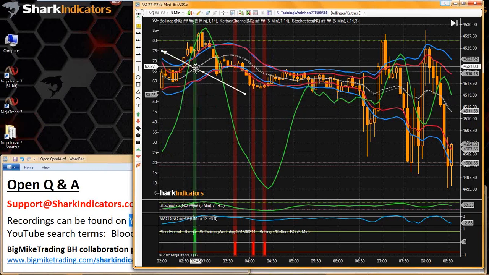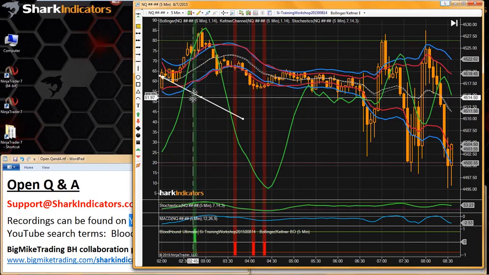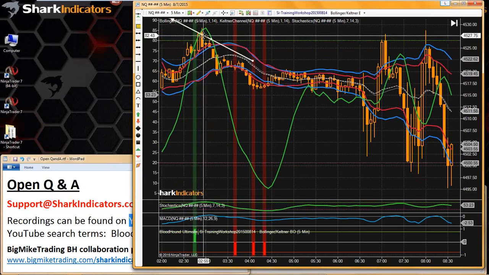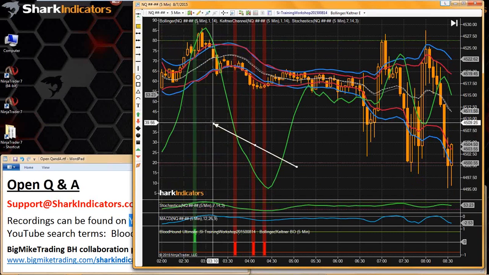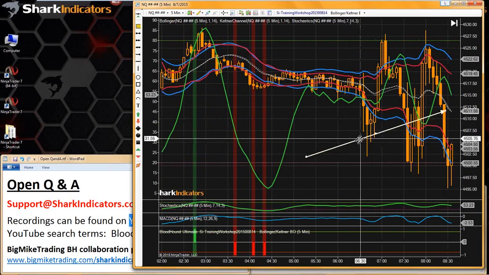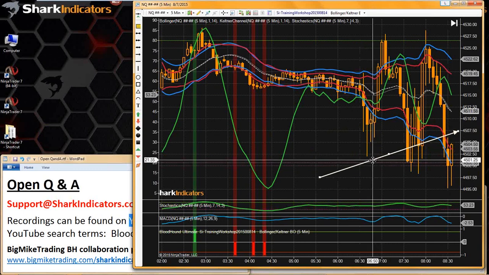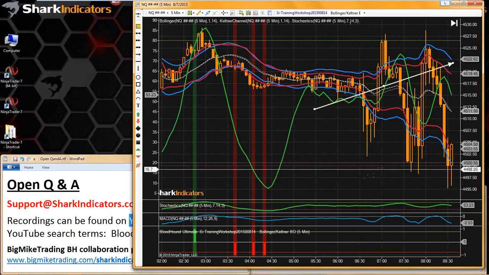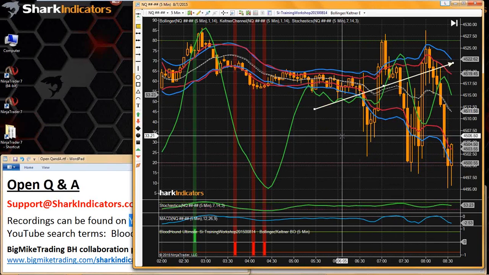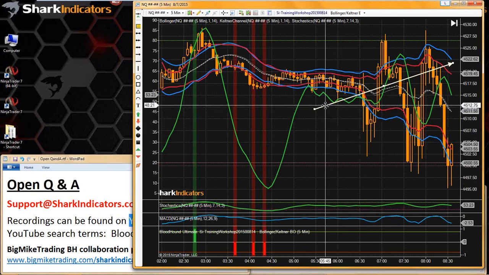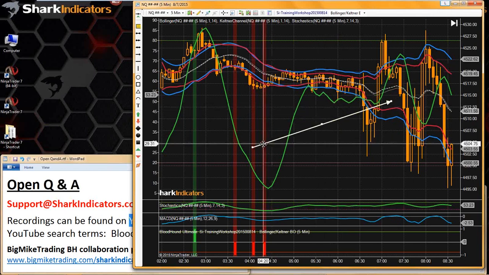So the stochastic has a scaling over here on the left, and it's still 0 to 100, whereas the price is over on this side, and the price is at 4,500. So mathematically there is no crossover, so you can't do that with an indicator. I'd say you'd be hard pressed to even write a custom indicator to do that.